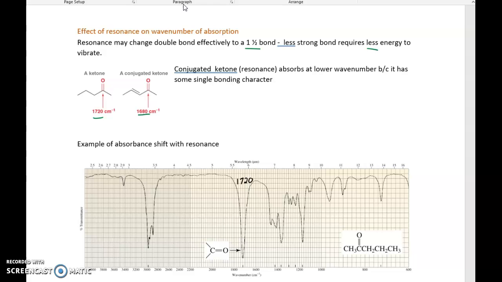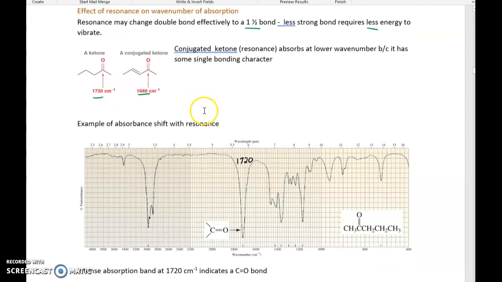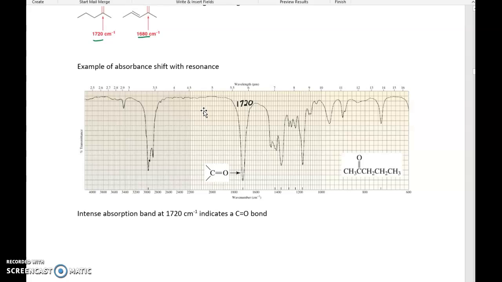So let's look at some examples of this. Here we have this molecule here, and it's got a ketone. It's got this carbon double bonded to an oxygen. It absorbs at 1720. It absorbs very intensely.